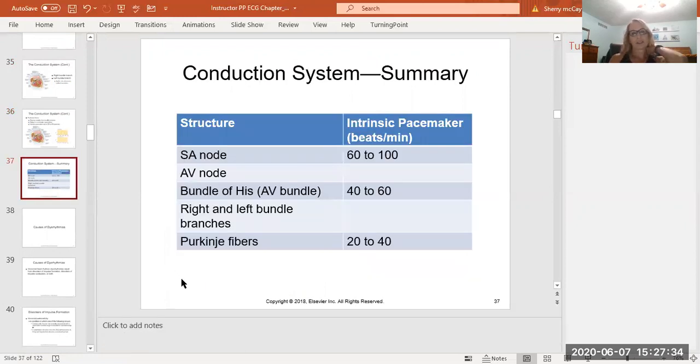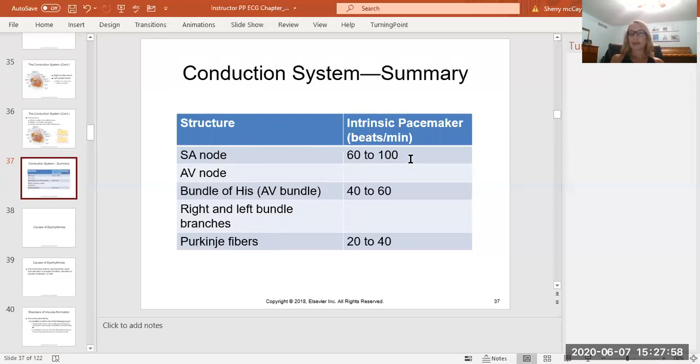Okay, conduction system summary. This is probably a slide that I would like you to really learn, okay? So let's learn what the intrinsic pacemaker beats per minute are. Make a note of these. I would probably make notes somewhere. The SA node, or the pacemaker node, is 60 to 100 beats per minute.